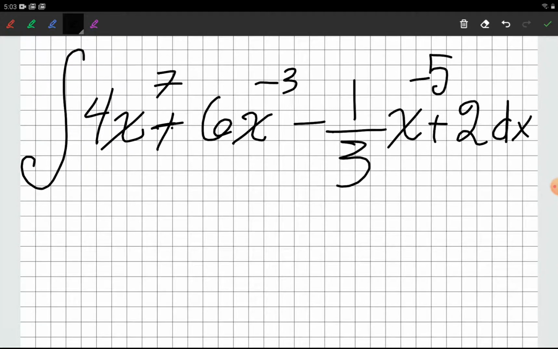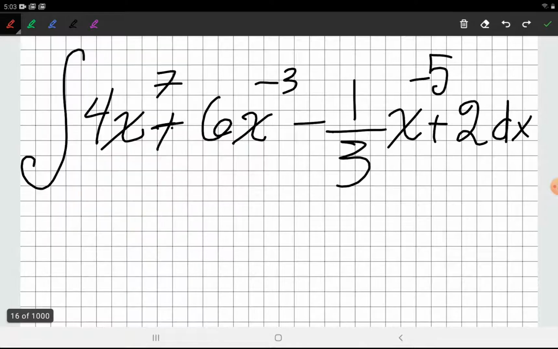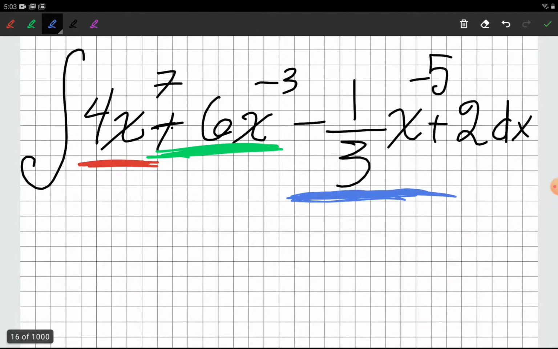Okay, let's get to doing this. And so the way to approach these is you just do them individually, right? Let me do different colors. You do them all individually.